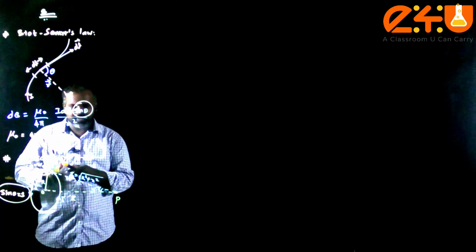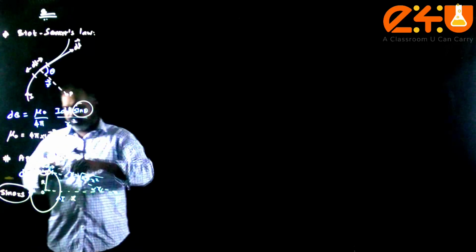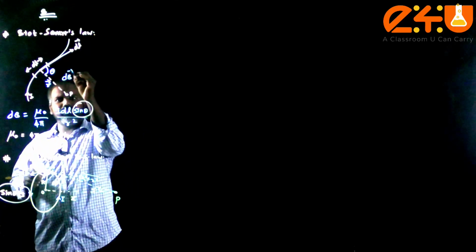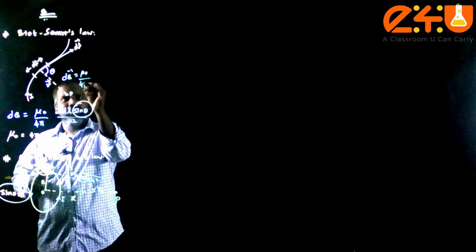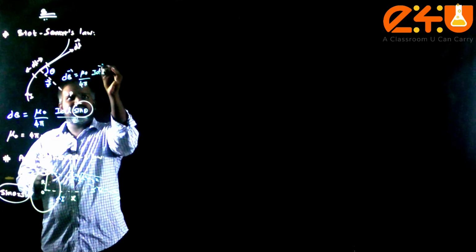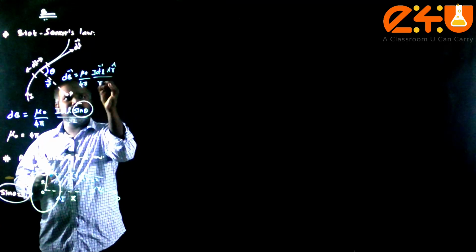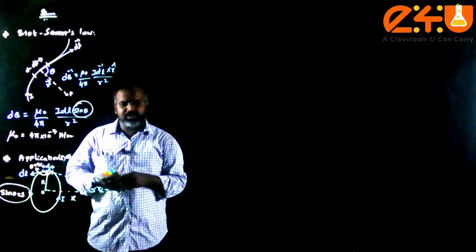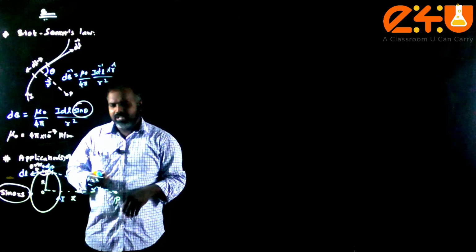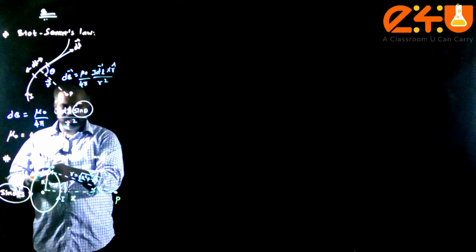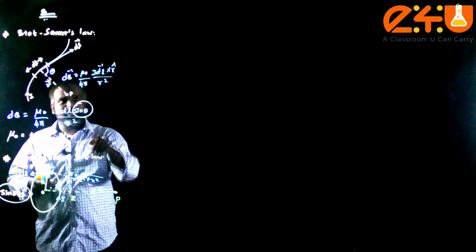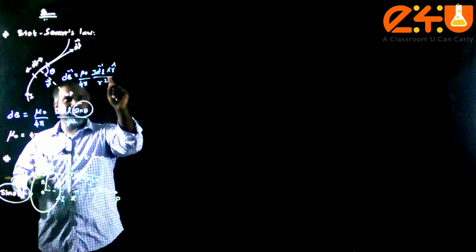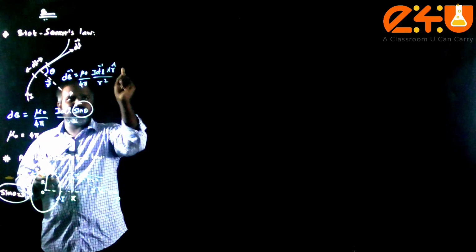Now kindly remember the vector form: dB vector is equal to mu naught by 4 pi, I dl vector cross r cap divided by r square. Whenever a cross product comes, apply the right hand thumb rule. Here also the dl vector is rotated towards the r vector, that is r cap. This cross product is always perpendicular to the plane of dl vector and r cap.